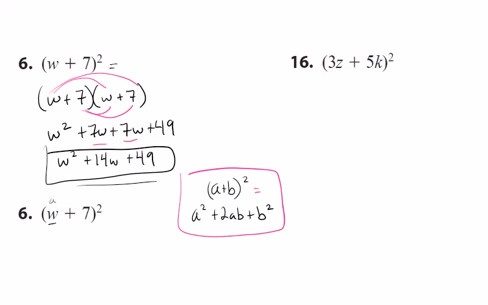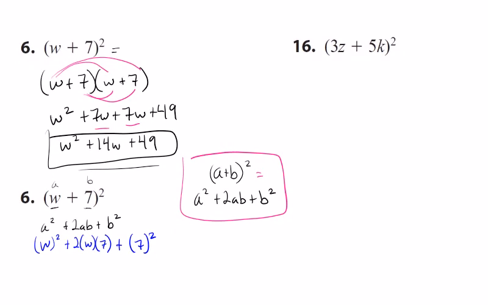That's our a. And then our b is 7, right? So if I'm using the shortcut, it's going to be a squared plus 2ab plus b squared. Okay. And so a is w, so it's going to be w squared, right? Plus 2 times w times 7, okay? Because this is a and b, right? Plus 7 squared, okay?